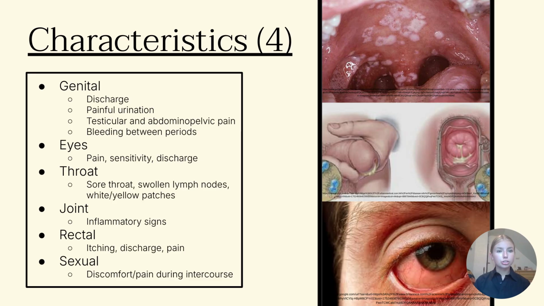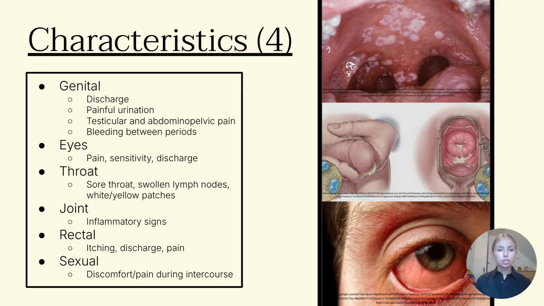On the right side of the screen, I have included various images of what gonorrhea could look like at different infection sites in the body. At the top, we are able to see that a person's throat has been infected. Here we are met with the classical symptom of the white patches that have overtaken the area.